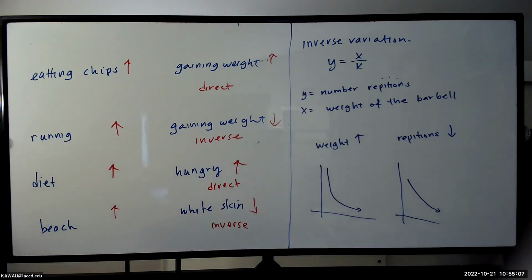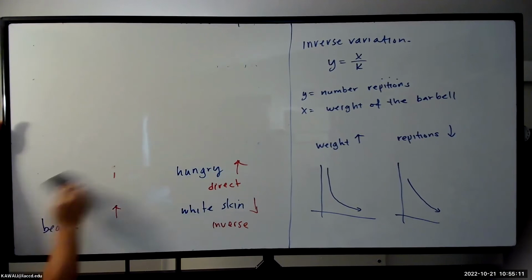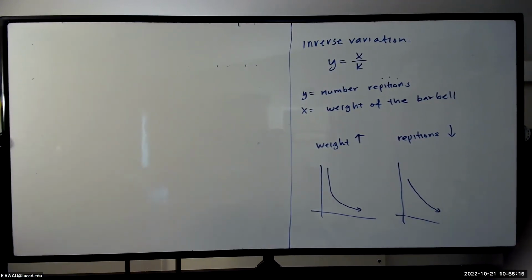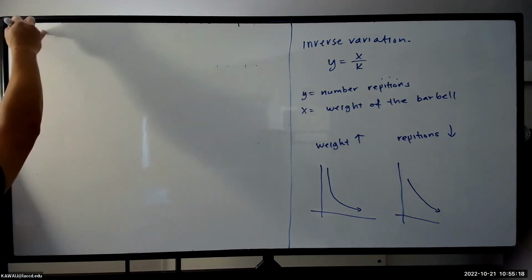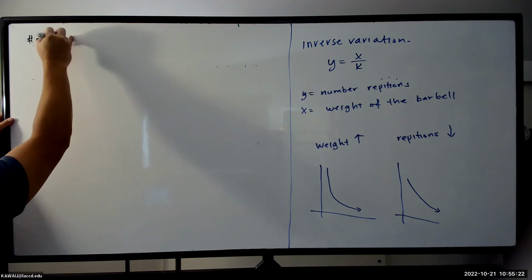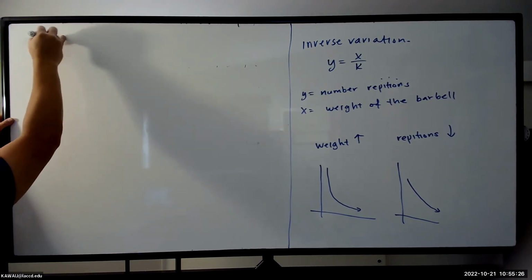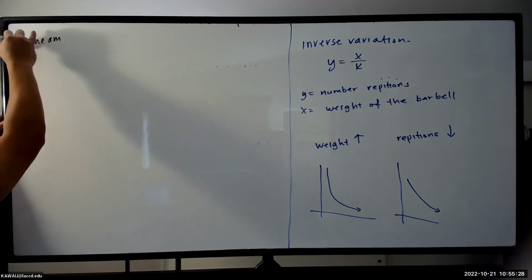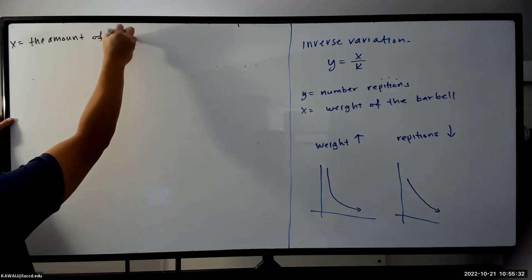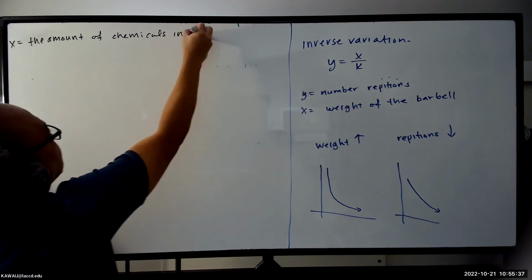So let's say they give me something like the amount, X is equal to the amount of chemicals in a petri dish.